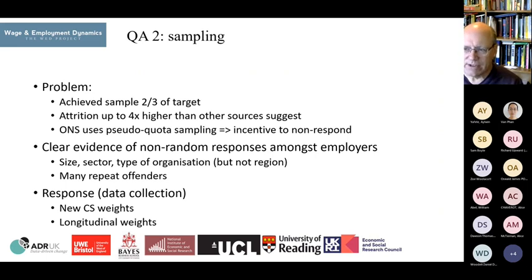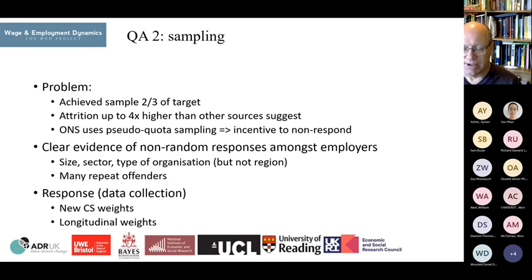When we've looked at the response levels amongst businesses, by comparing the responses in ASHE to the distribution of businesses in the business structure database, we're reasonably confident that this is non-random response. There are differences between size and type and sector of organisation. So, for example, the public sector tends to be very good at responding.